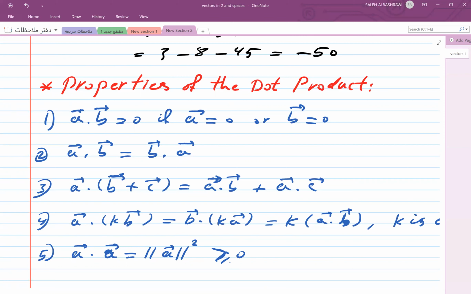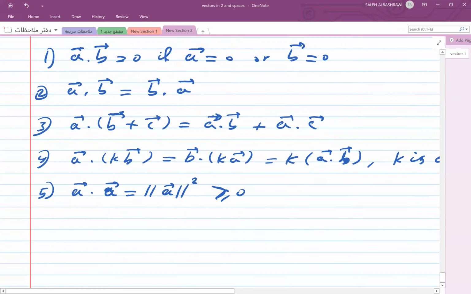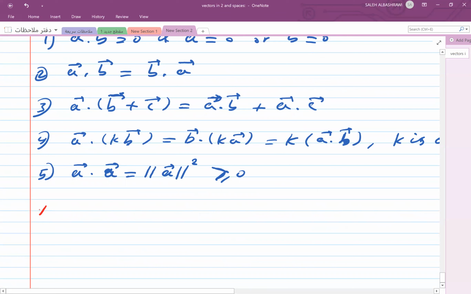For the dot product, we have an alternative form of the dot product.